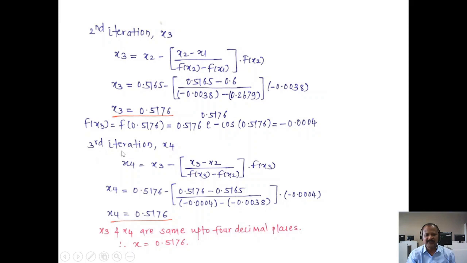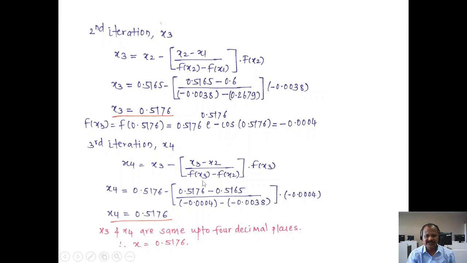Now go for the third iteration. We have to find x4. So x4 is equal to x3 minus (x3 minus x2) divided by (f of x3 minus f of x2), into f of x3. The value of x3 is 0.5176, put it here. The value of x2 is 0.5165, put it in this equation.